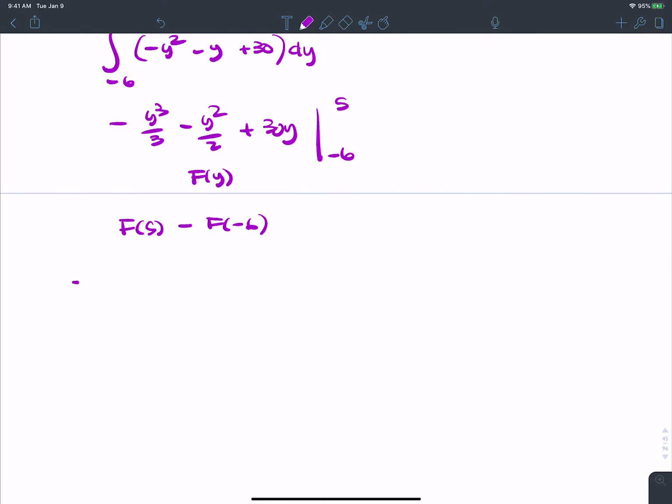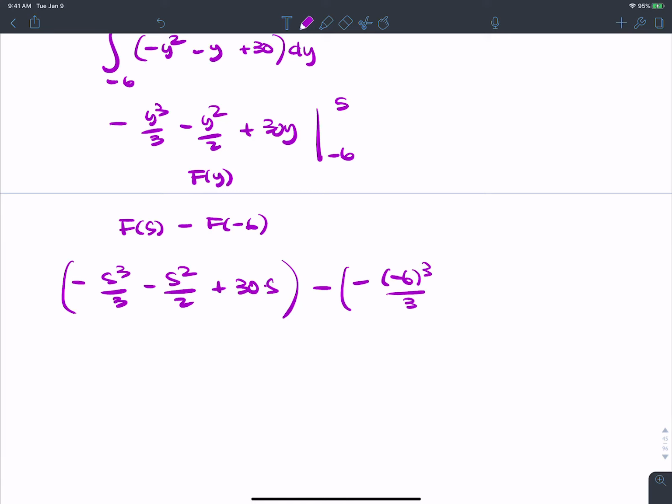So let's plug this in. Negative 5 cubed over 3 minus 5 squared over 2 plus 30 times 5, minus, negative 6 cubed over 3 minus negative 6 squared over 2 plus 30 times negative 6.